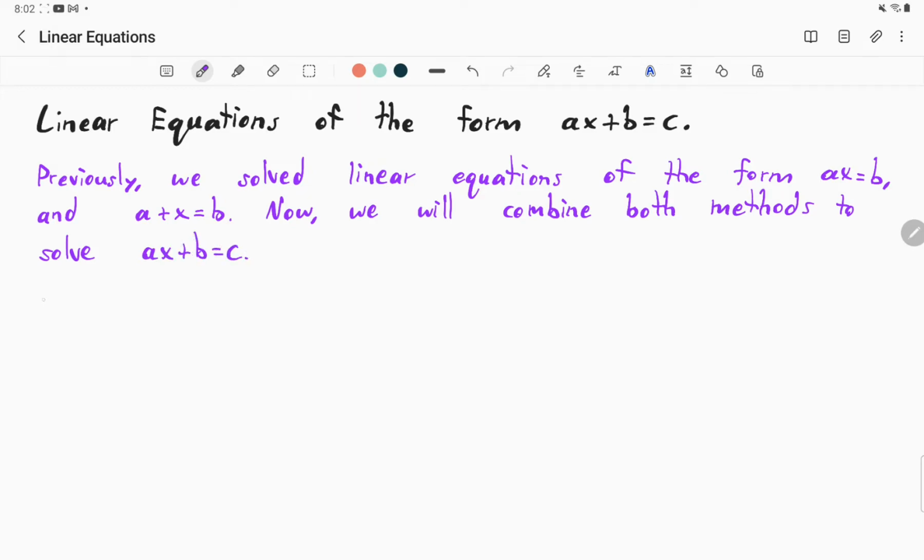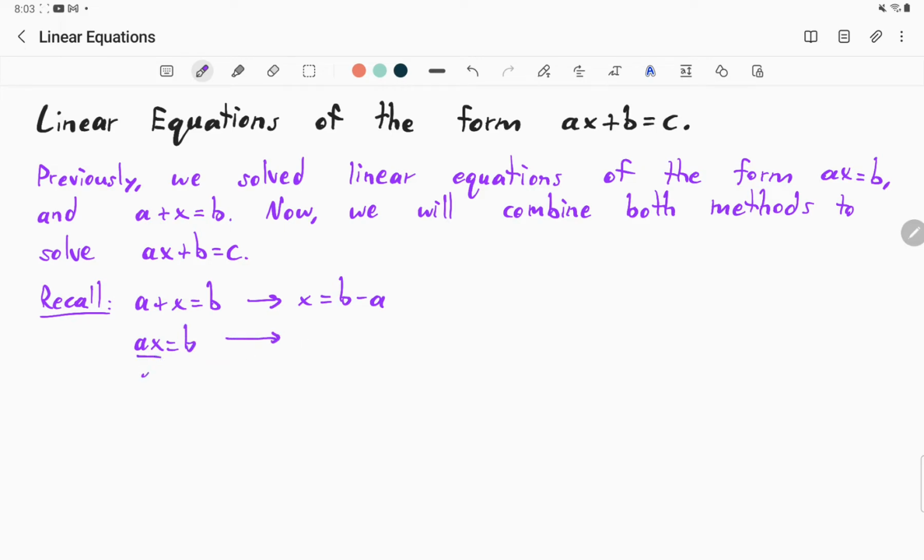All right, so remember that for a plus x equals b, what you did was you subtracted a from both sides and you got x equals b minus a. If you don't remember that video, I'll put the link in the description below. I made a whole video on it a while back. Also, for ax equals b, well, it's kind of just one step as well.